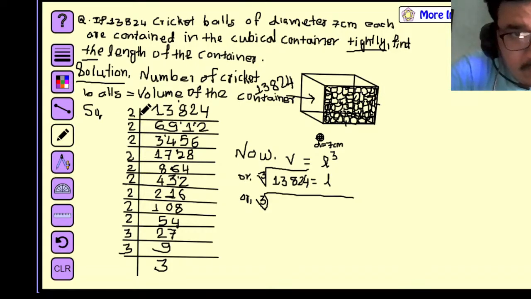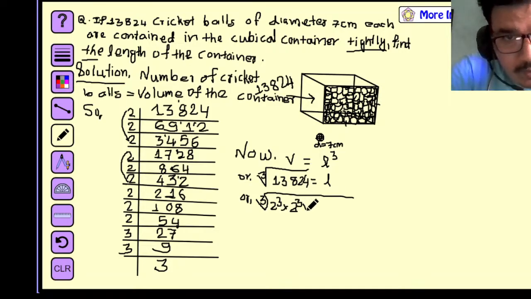Inside this, 2 into 2 into 2 is 2 cube, into the next 2 into 2 into 2, also 2 cube, and again 2 into 2 into 2, that is 3 times 2 cube.